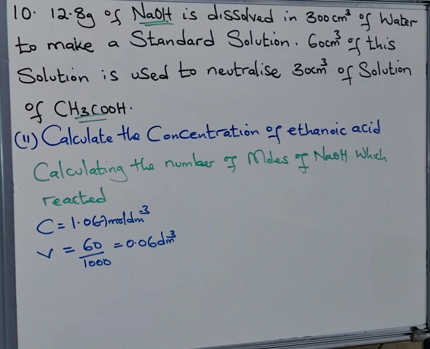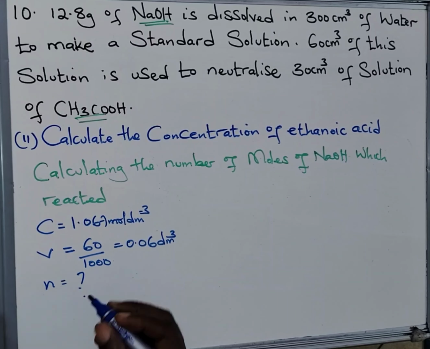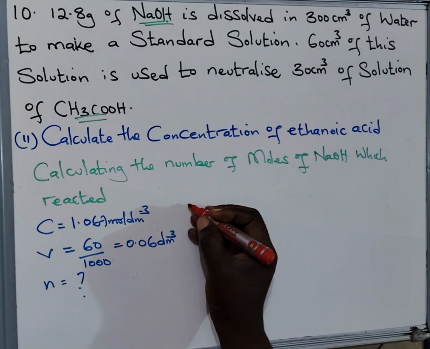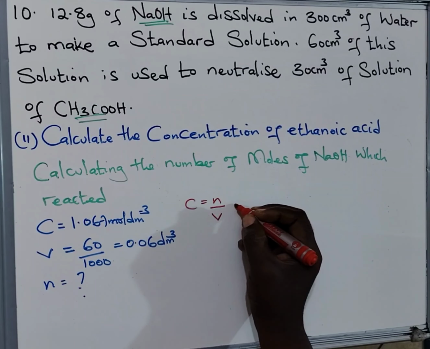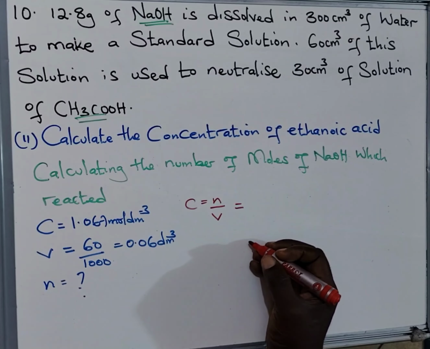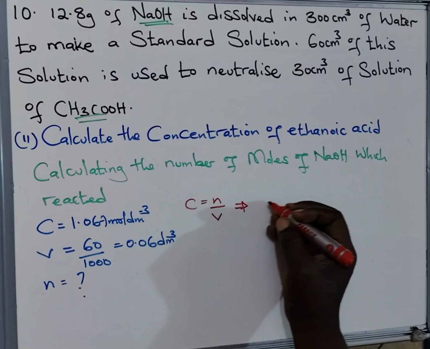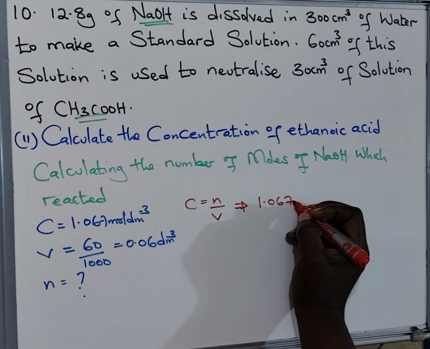Okay. Then what are we having? We are looking for number of moles. So from there, you quote the equation. The equation is C is equal to N over V. From here, what do we do? You know C, which is 1.067.